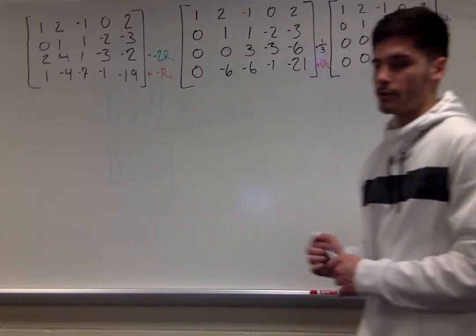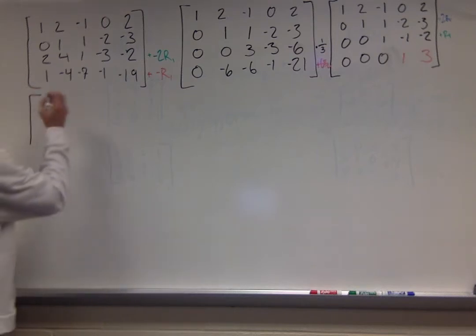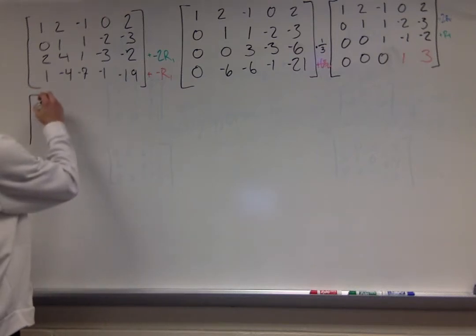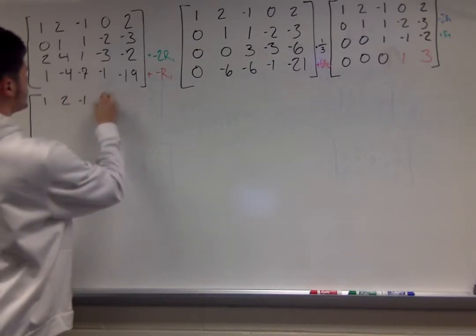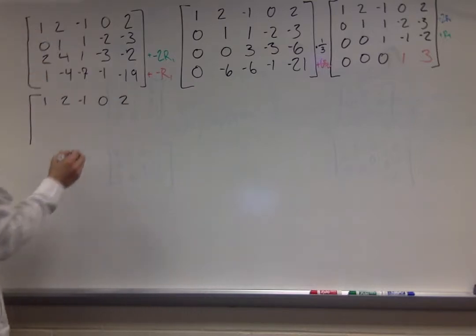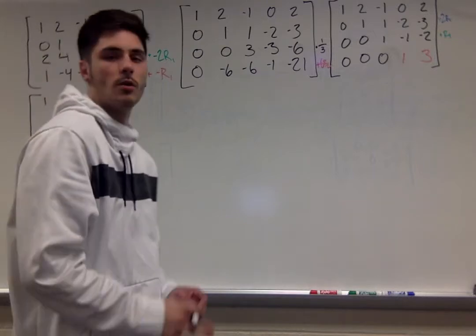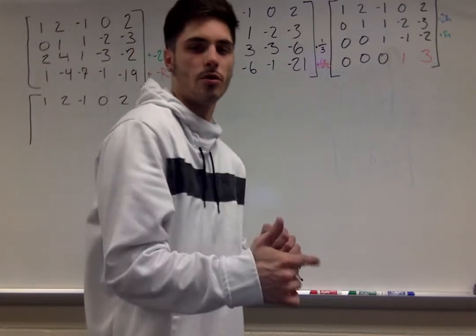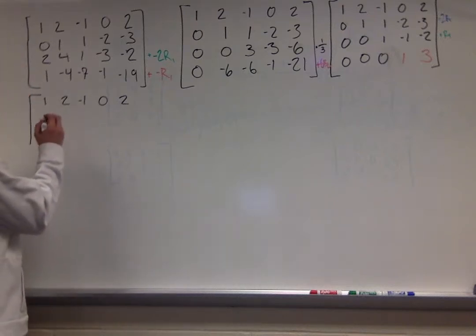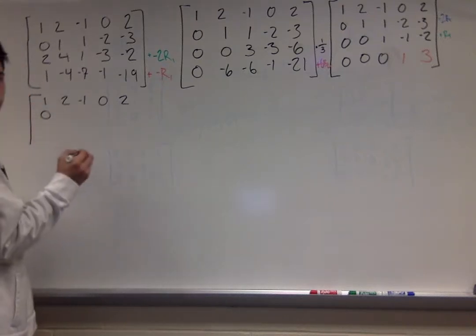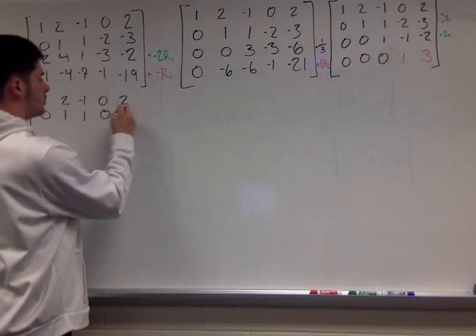I'm going to rewrite my matrix over here. Row 1 has stayed the same, so we've got 1, 2, negative 1, 0, 2. Once we add 2R4 to row 2, this is what the row will look like. We've got a 0 out in front, a 1, 0, and a 3.